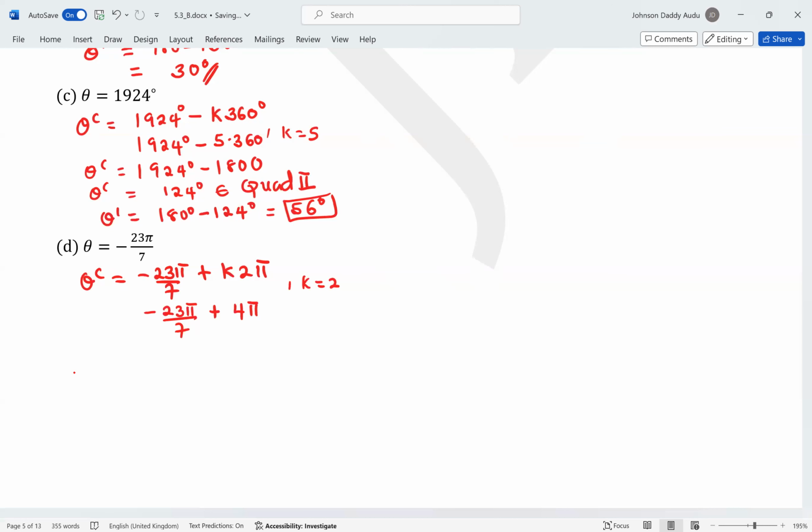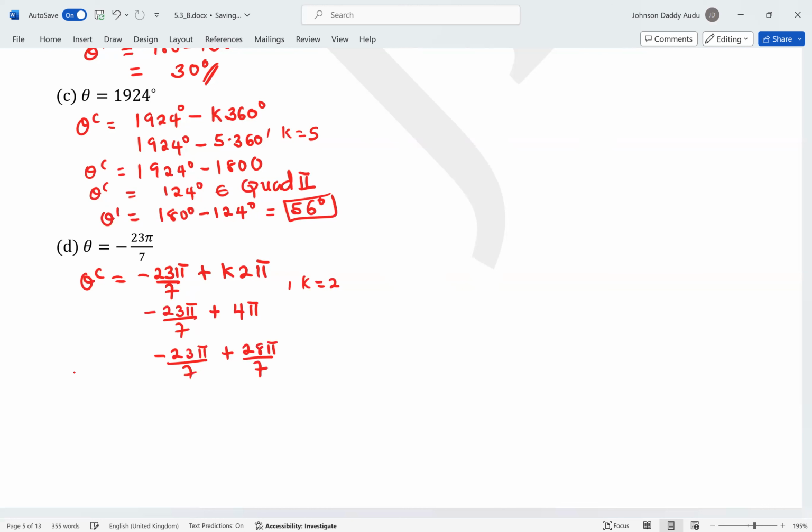So this will be minus 23 pi over 7 plus 28 pi over 7, because 7 times 4 is 28.